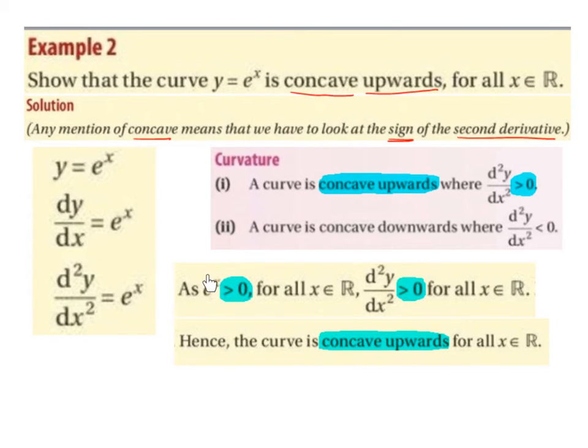As e to the power of x is greater than 0 for all x values elements of the real number set, the second derivative is greater than 0 for all x values elements of the real number set, hence the curve is concave upwards for all x values elements of the real number set. Because a curve is concave upwards when d squared y/dx squared is greater than 0, so when the second derivative is greater than 0.